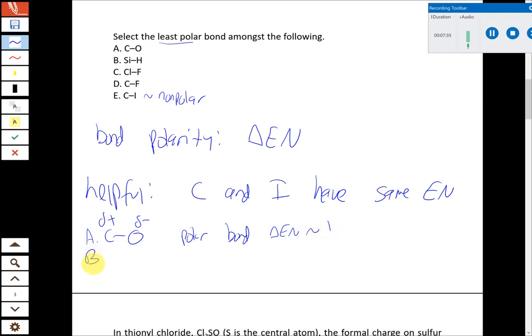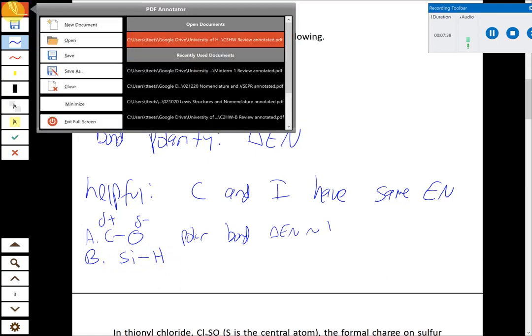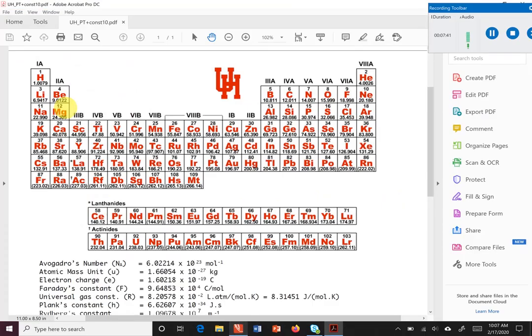If we go to choice B here, which is SiH, this one is also not terribly obvious. One thing that's helpful to remember about hydrogen is that it's way over here on the periodic table. It's sort of grouped with the metals, but it actually is a nonmetal. So its electronegativity value is sort of an intermediate value.